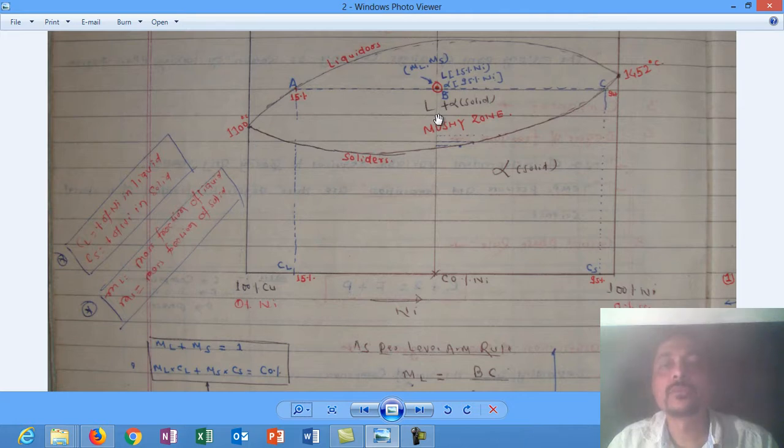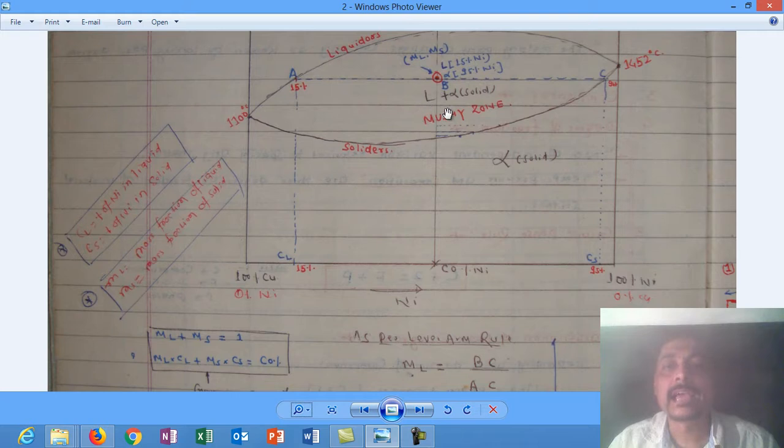As you draw the horizontal line, it cuts the liquidus here and cuts the solidus here. Now we have to find ML. For ML we have to take the length of this side divided by the length of the total line.